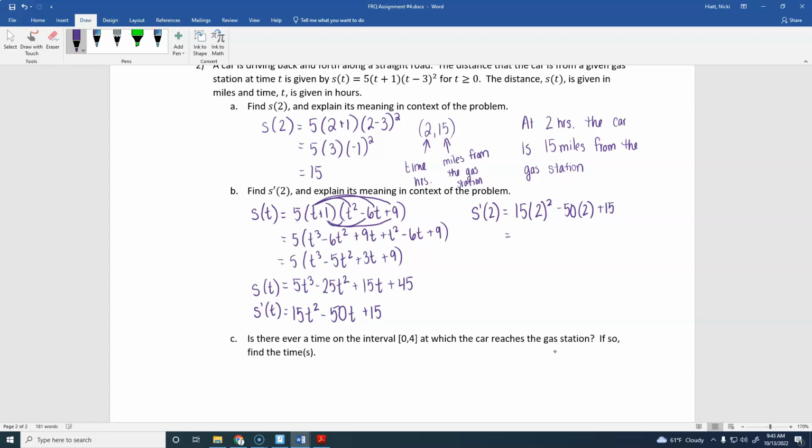So that's going to be 15 times 4, which is 60, minus 100 plus 15. And so that's negative 40 plus 15. And that's going to be negative 25.